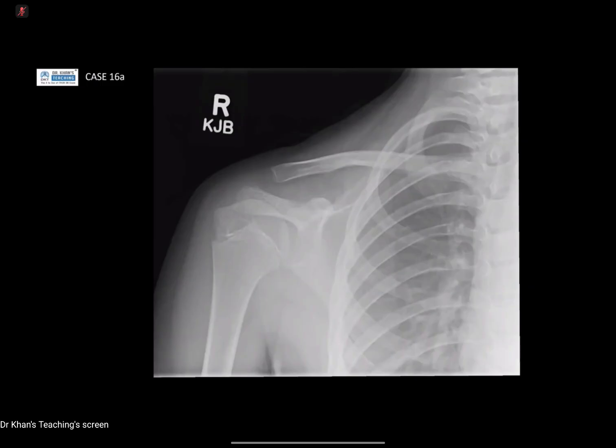I can see a widening at the space of the right acromioclavicular joint. And the right humerus looks good, the epiphysis. The ribs, the trunk.